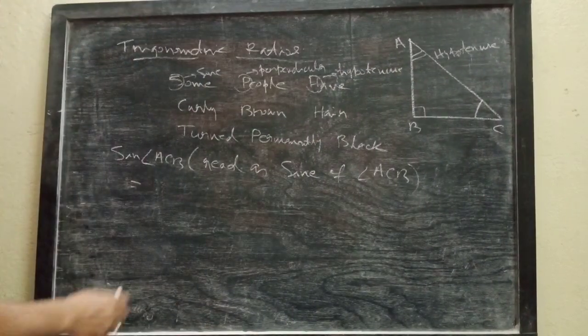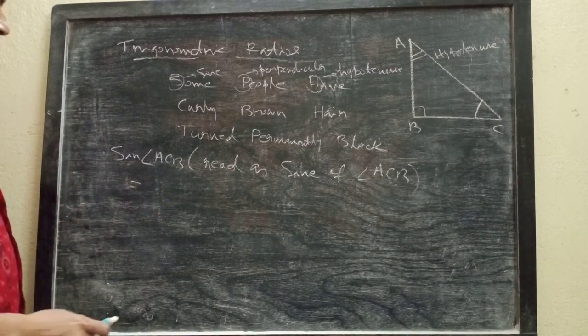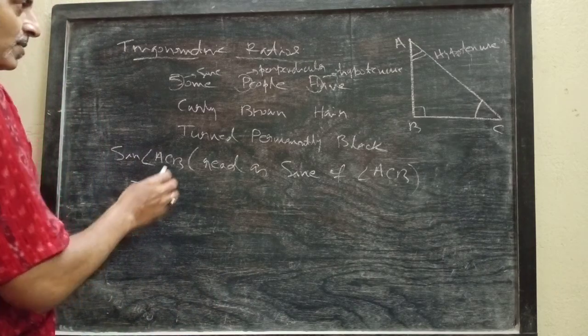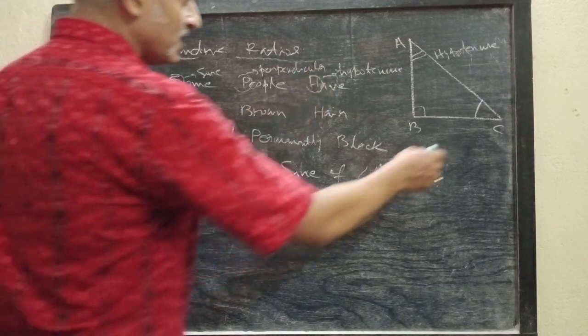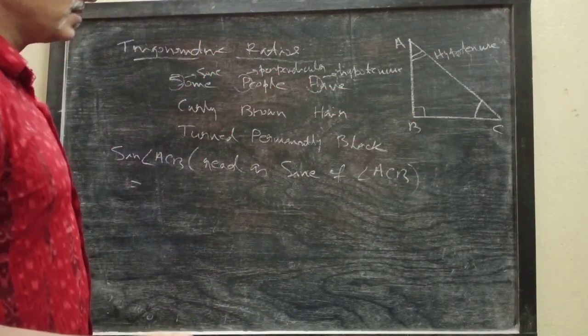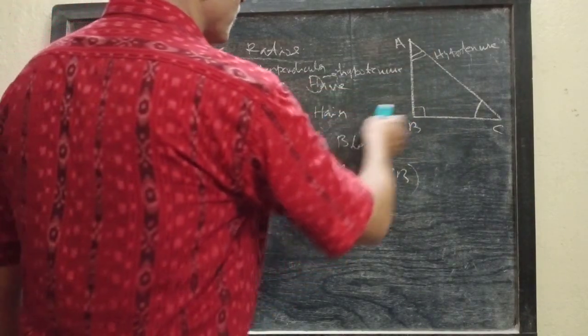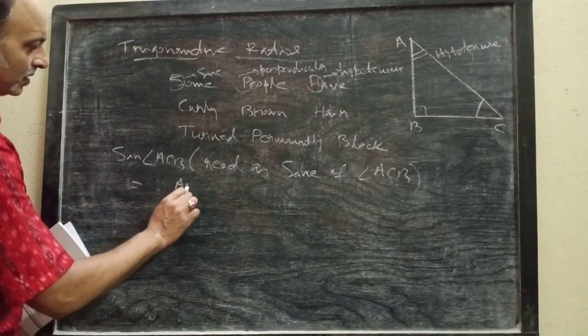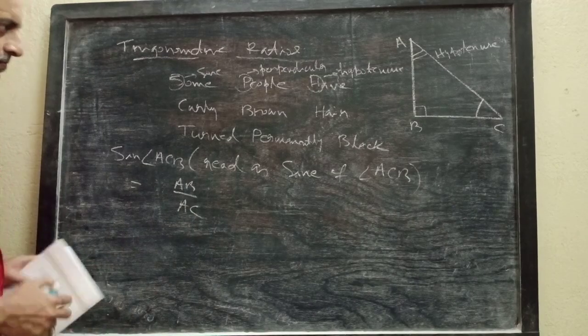So when I am writing sine of ACB, this will be P by H. What is P with respect to angle ACB? P is AB, as we have written before. And hypotenuse is always AC. So sine of ACB will be AB by AC.